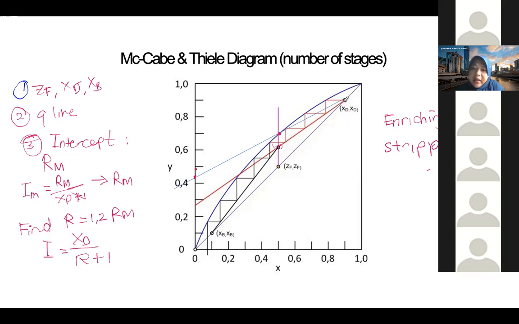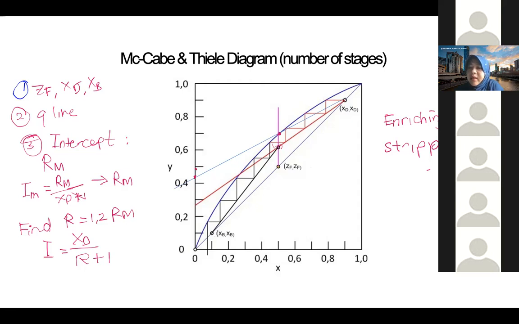So locate the XD, ZF, and also XB, right? And then what is the next step?